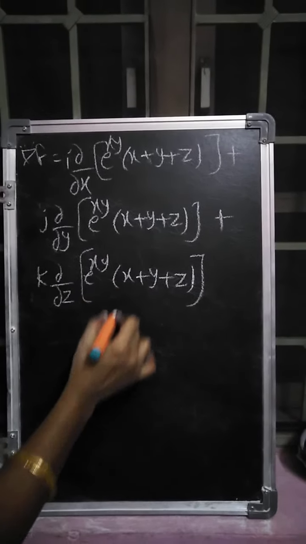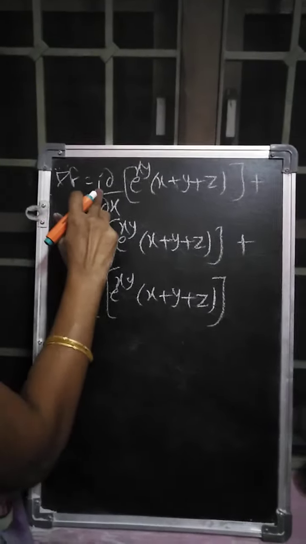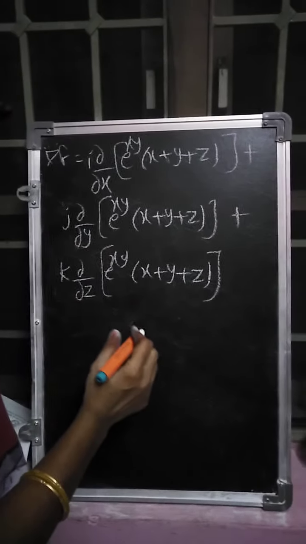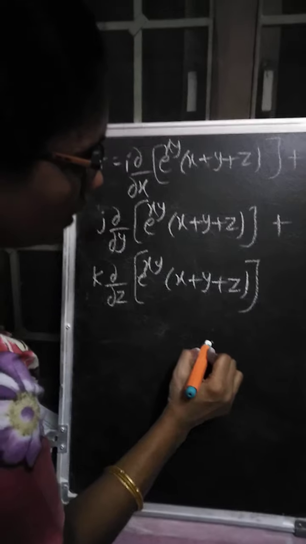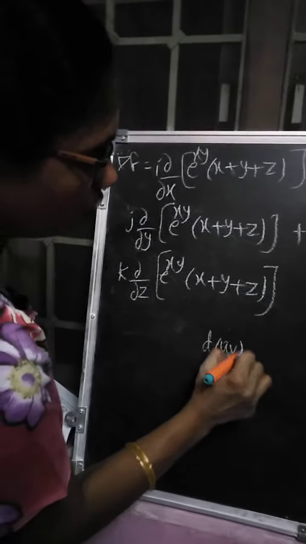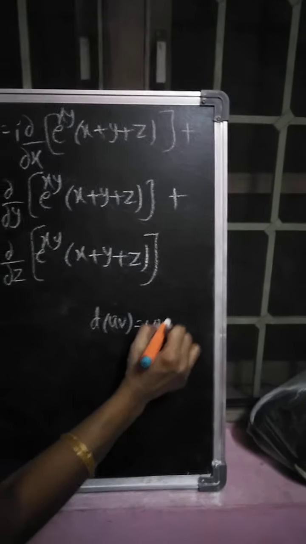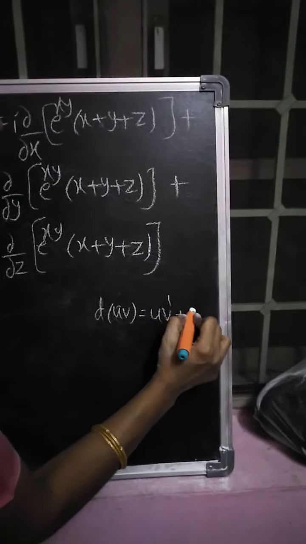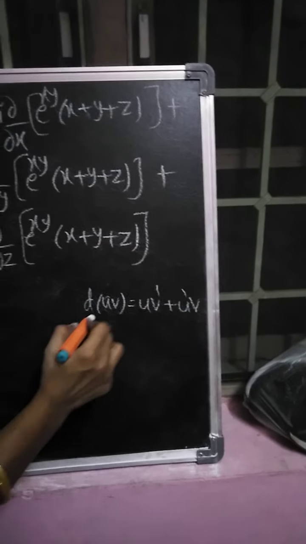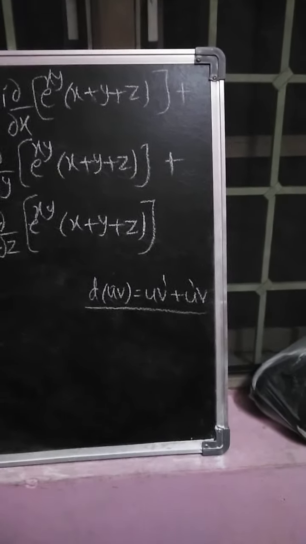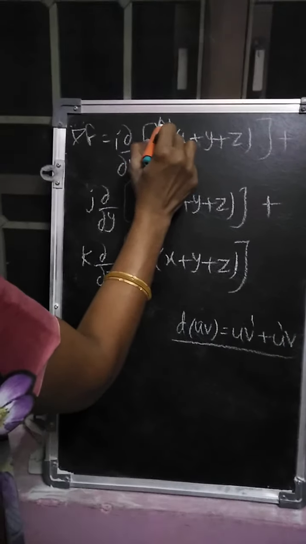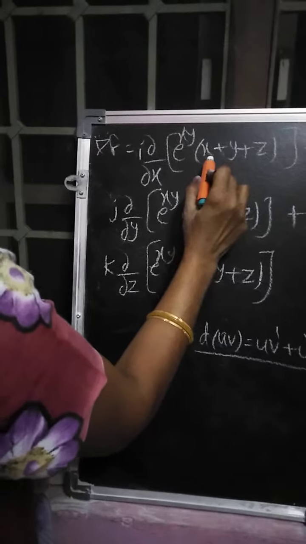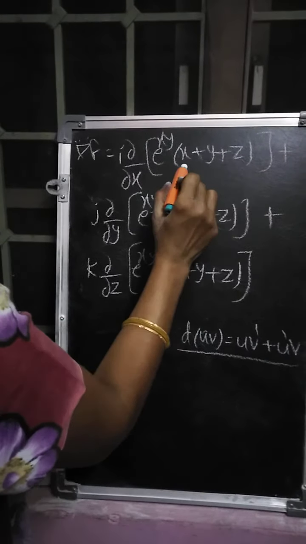Next we differentiate with respect to x. For d by dx of uv, the formula is u v dash plus u dash v. Suppose e power xy is u and x plus y plus z is v.